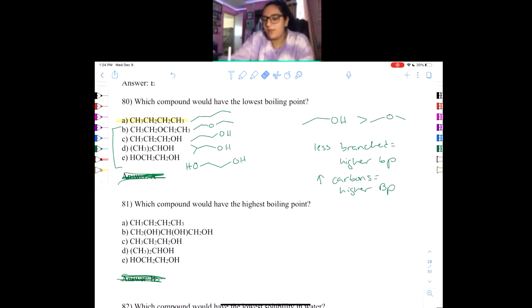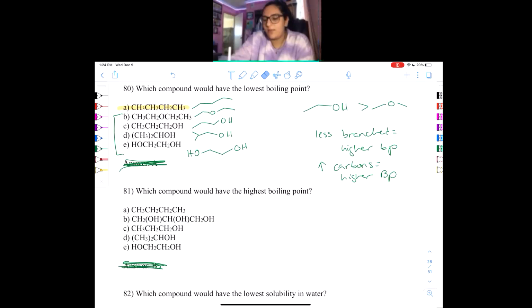So for the highest boiling point, we have, again, a straight chain for the carbon. We have, excuse me, we have 3 alcohols, 1 alcohol, and 2 alcohols. So which one of these do you think will have the highest boiling point?